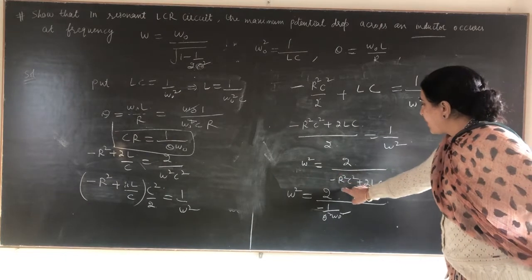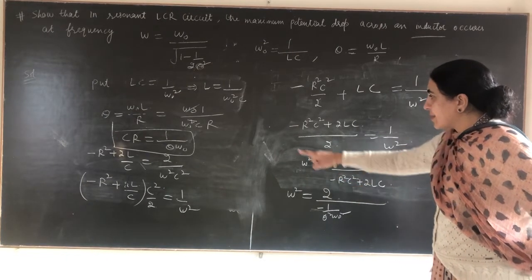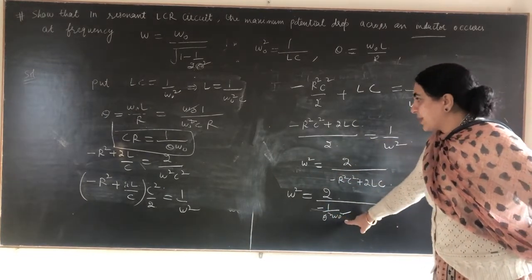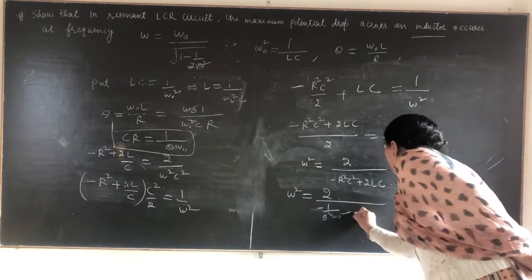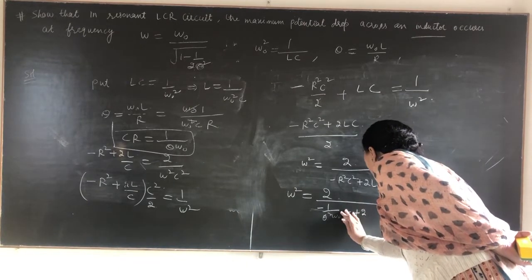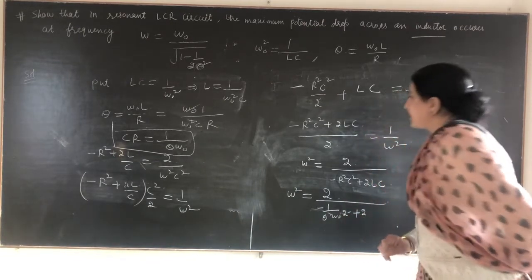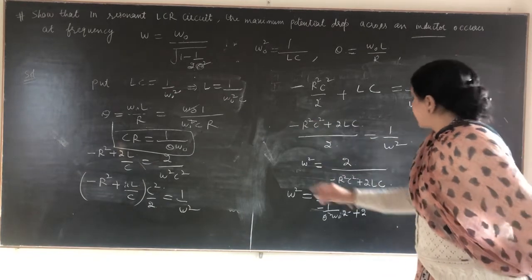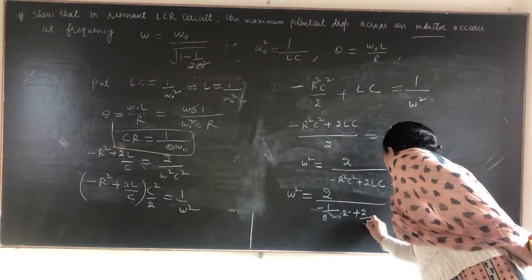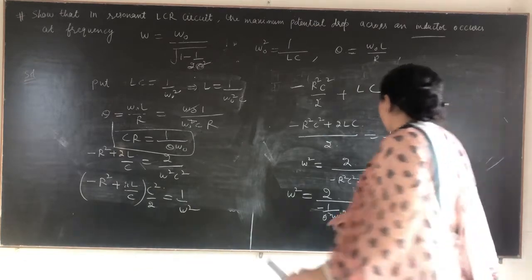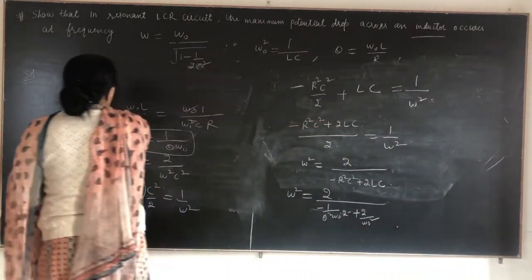We have to put the value of R square C square, which is 1 over Q square omega naught square. Then plus 2LC, put the value of LC, which is 1 over omega naught square. So solve this, you will get the result.